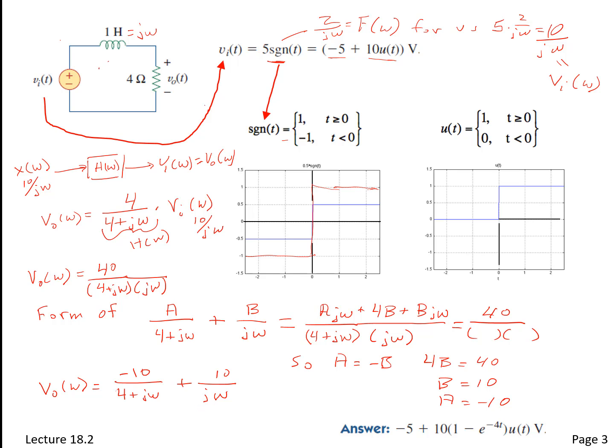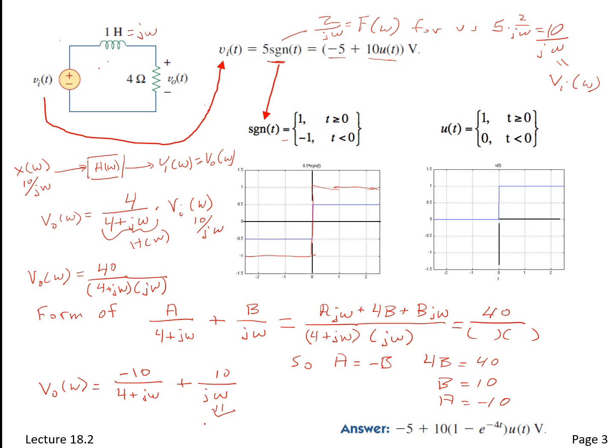And if we go back to our trusty tables, I think they're table 8.18.2, and I look at the reverse of these. I now want to go back from the Fourier transform. We're looking at the Fourier transform pairs, right? I can go back and say the first one, 10 over j omega, is back to our signum thing.